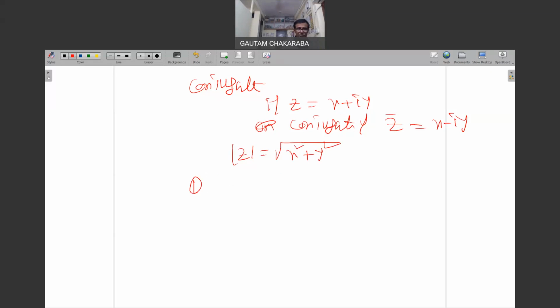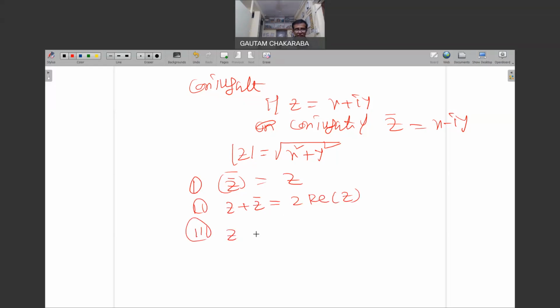Property 1: the conjugate of z conjugate is also z. Second, z plus z conjugate is equal to 2 times the real part of z.